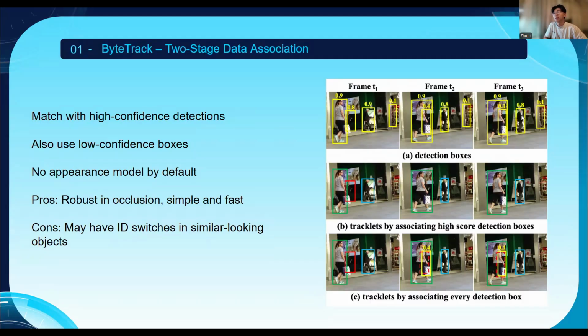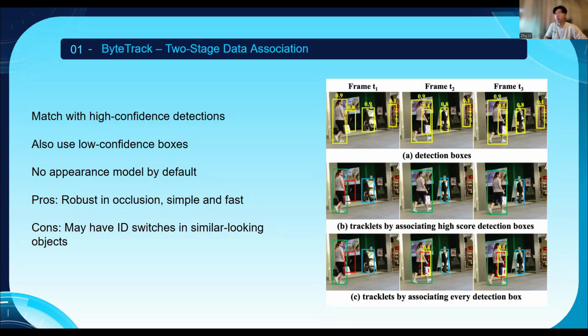The third one we implemented is ByteTrack, a newer multiple object tracker that does not rely on the appearance feature. ByteTrack uses a two-stage association strategy. First, it matches detections with high confidence scores. Then it takes the low confidence detections, which would normally be discarded, and tries to match them to the remaining tracks.